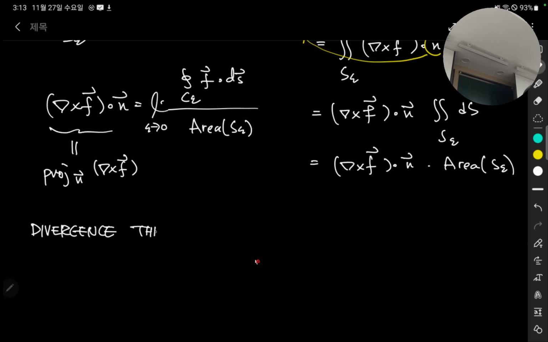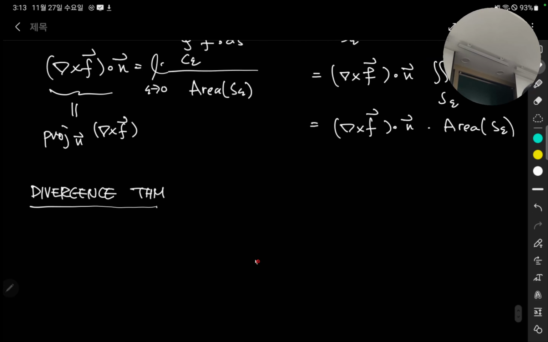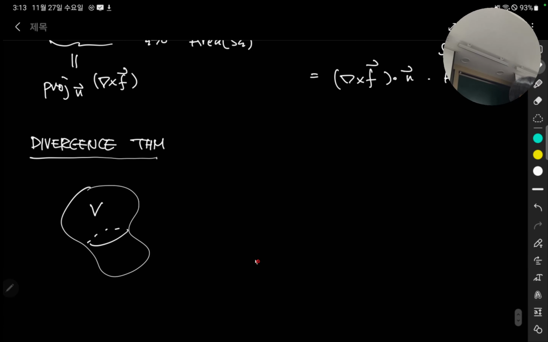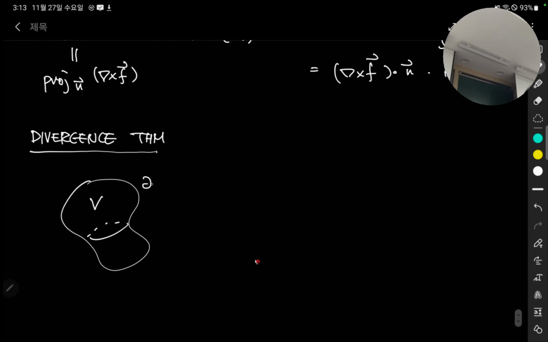So, the divergence theorem, let me state it. We're going to talk about a volume V, a three-dimensional region, and its boundary. The volume is finite, so it's surrounded by a surface without boundary.